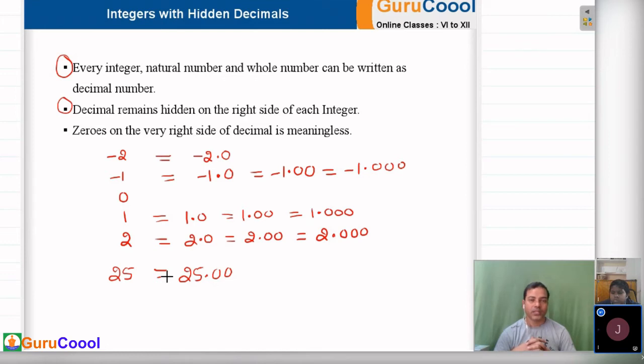Haven't you done this thing? Sometimes we round off numbers. I'm sure this is in ICSE. If you don't know, that means you have missed it. This was in the syllabus.